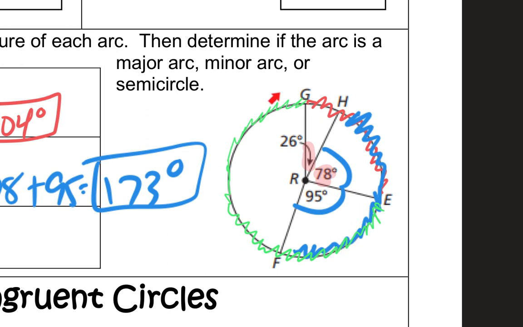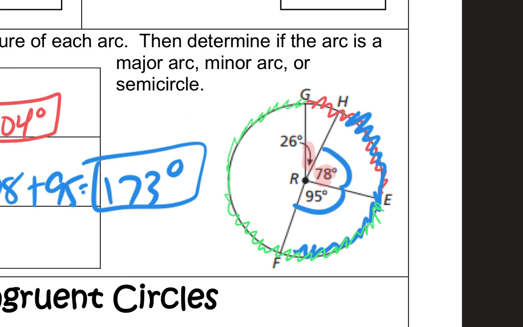The whole thing is 360. So we know how much this is, but we don't know how much this is straight away. We could calculate it how? Let's think about this. Think of it like pizza. If we take out this part of the pizza, the whole thing is left. So the whole thing is 360.